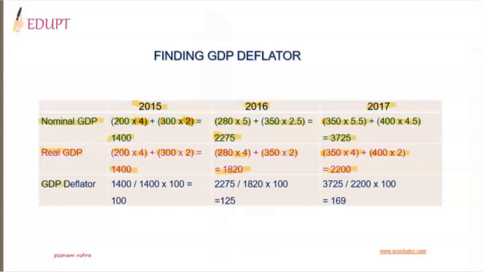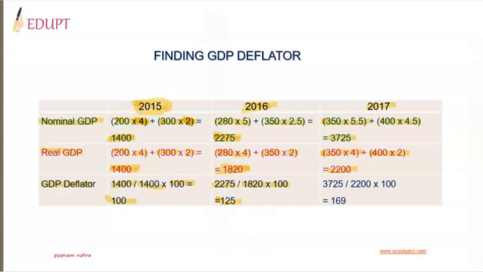Now one can find GDP deflator, which is nominal GDP 1400 divided by real GDP, which is also 1400, to be multiplied by 100. We get 100 as GDP deflator in 2015. It is a base year. For 2016, it is nominal GDP 2275 divided by real GDP, which is 1820 multiplied by 100, and we get 125 as GDP deflator of 2016.